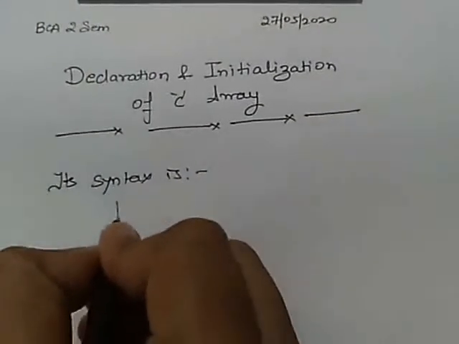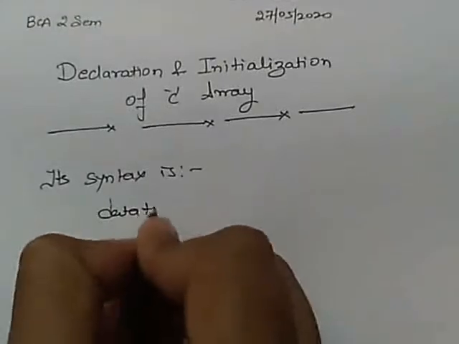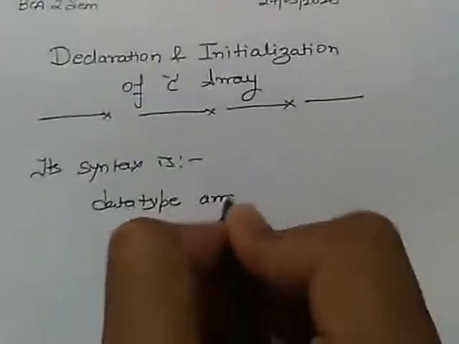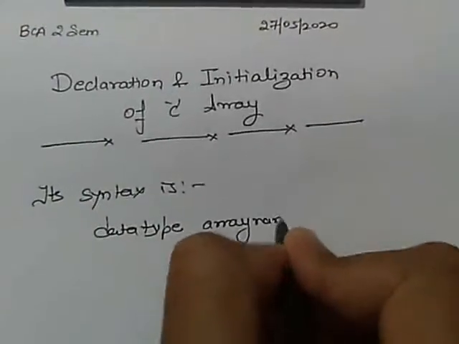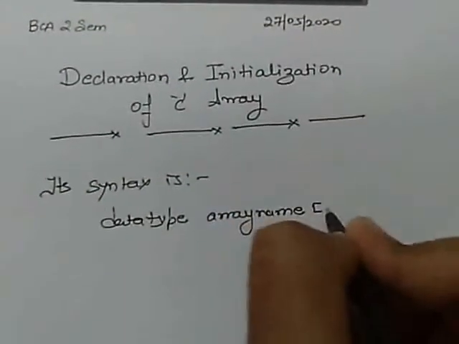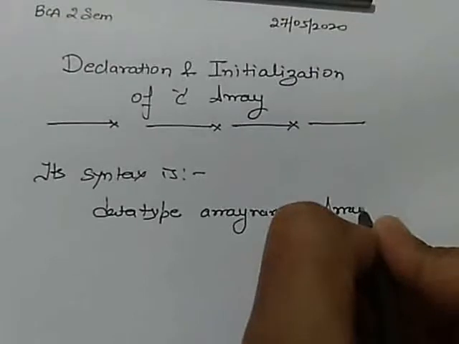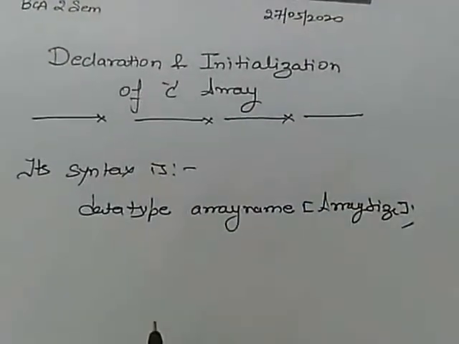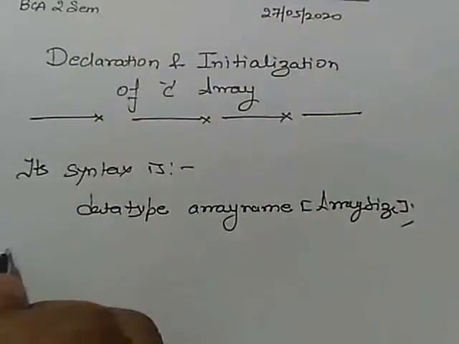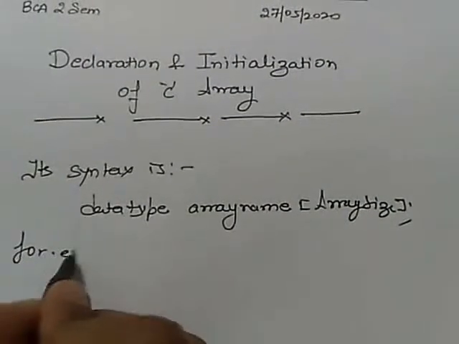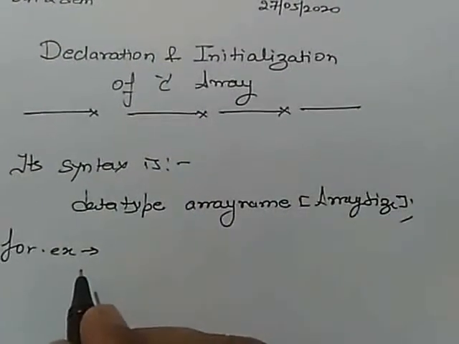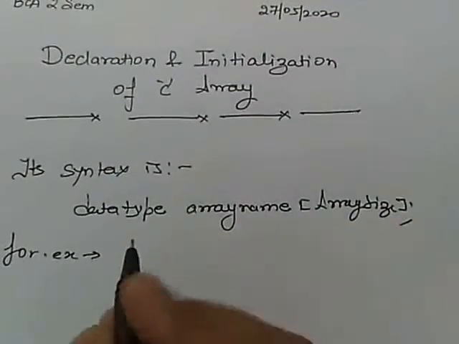data type, array name and array size. Now for example, in order to declare an integer array in which we want to save the marks of 5 students, what we have to do?